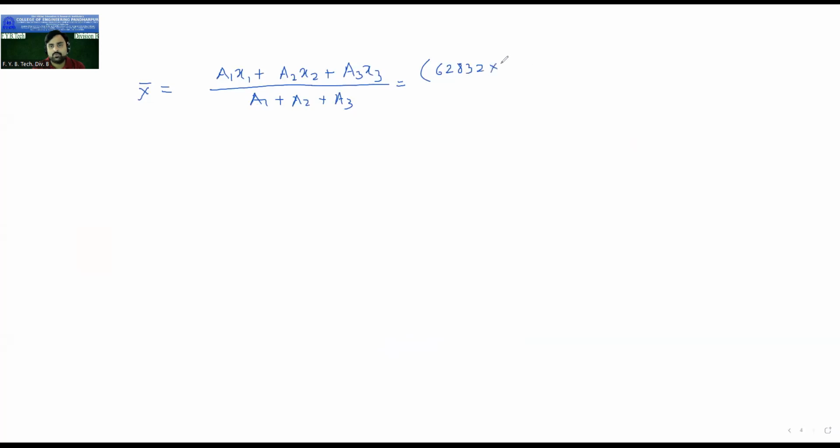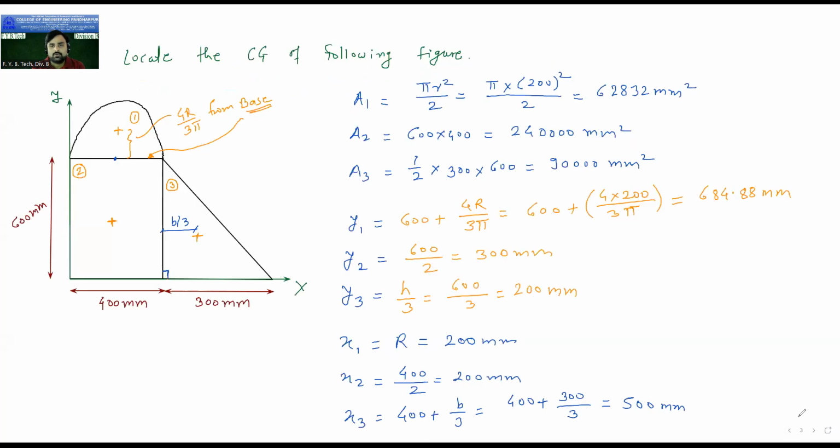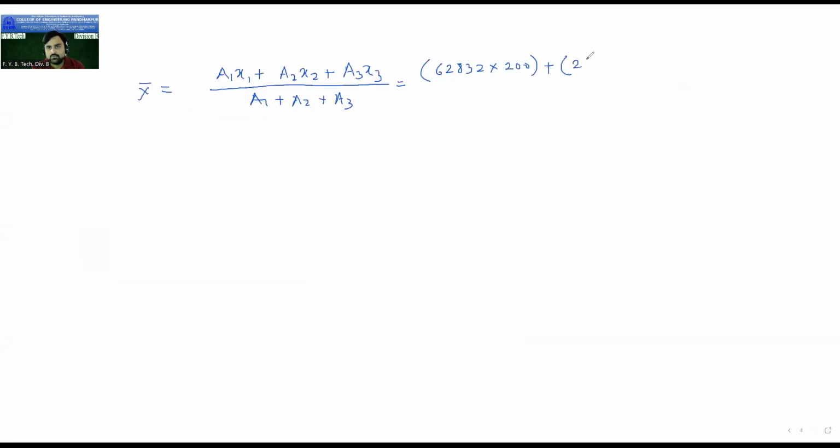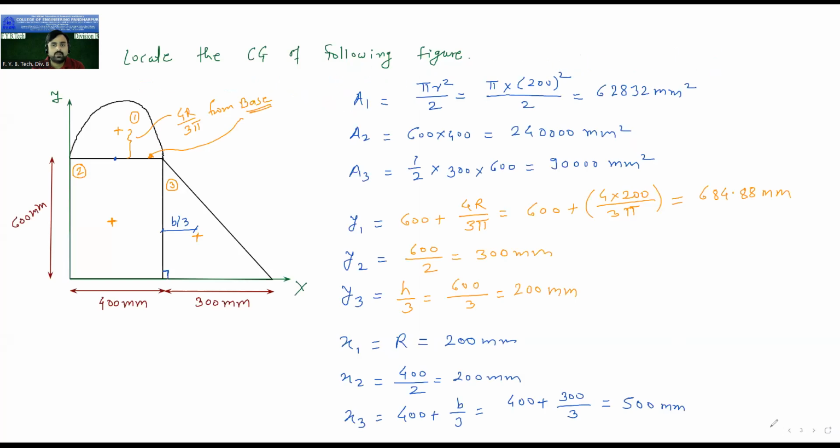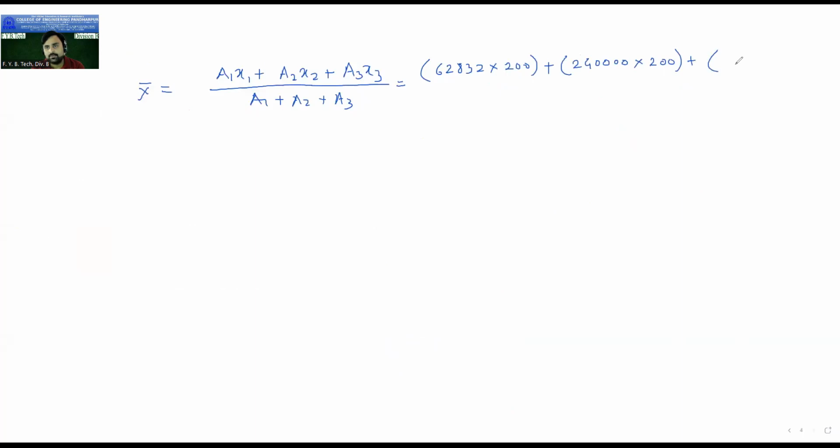So 62832 into 200 plus 24000 into 200 plus the third area is 90,000 and x3 is 500. So it is 90,000 into 500.